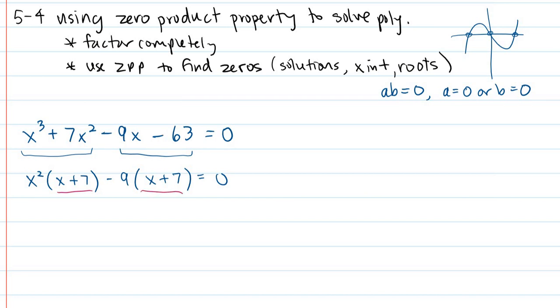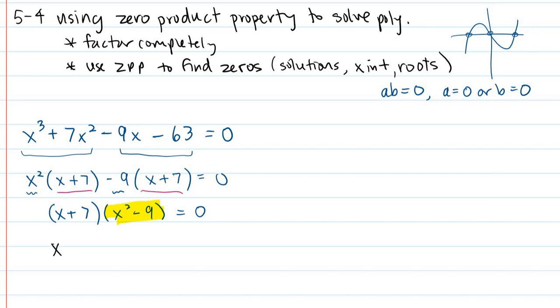Recall, these two values are the same, so I'm going to factor them out into their own binomial. And then the leftovers would form their own binomial. But notice this binomial is a difference of 2 squares.